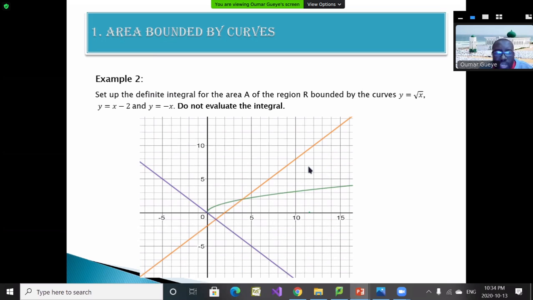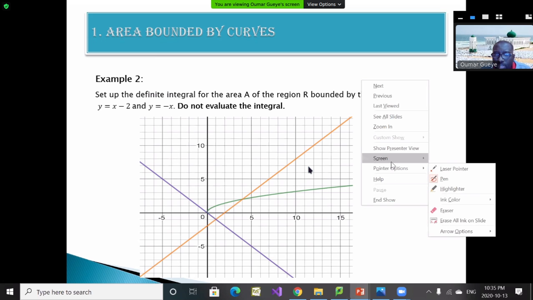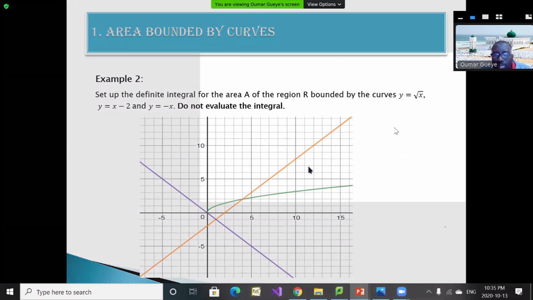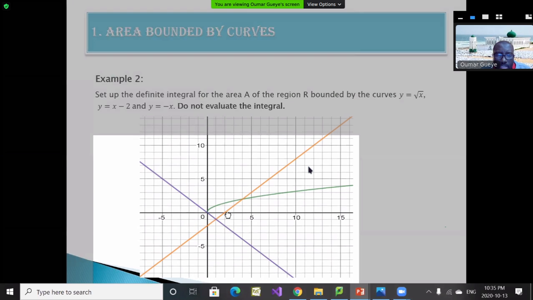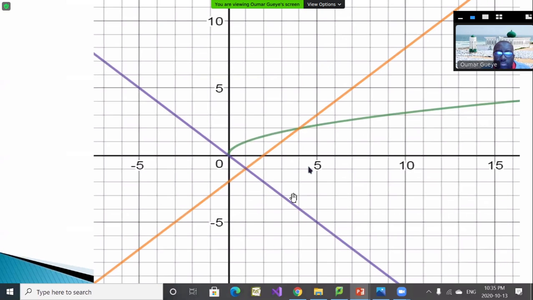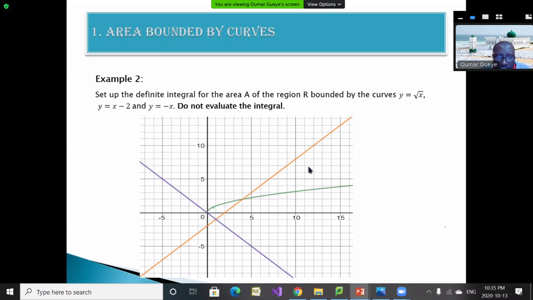And if you look at the graph, it looks like this. The area that we want to calculate is this one. I'm just gonna zoom in if you guys wanna zoom in. And this is the area. I'm just gonna change the color.